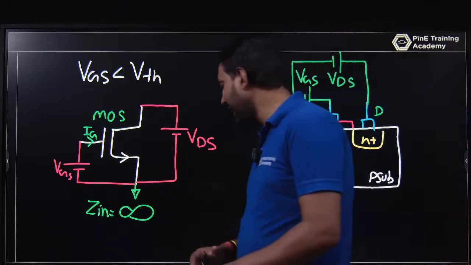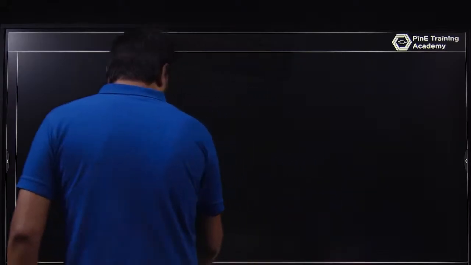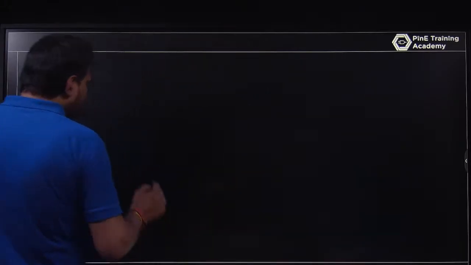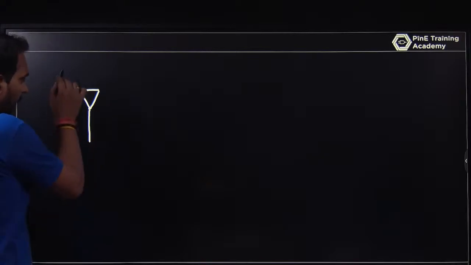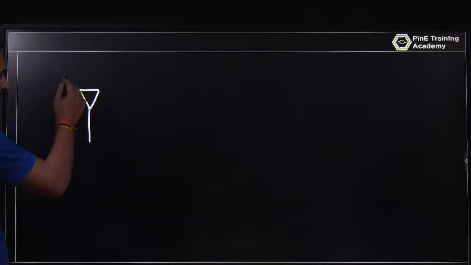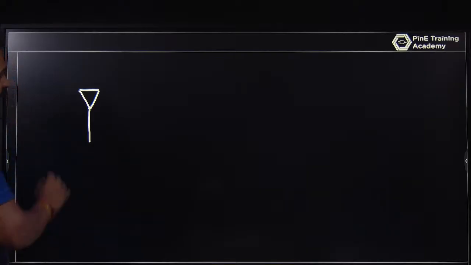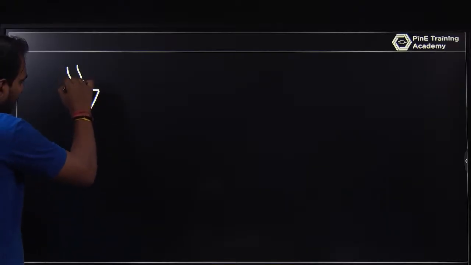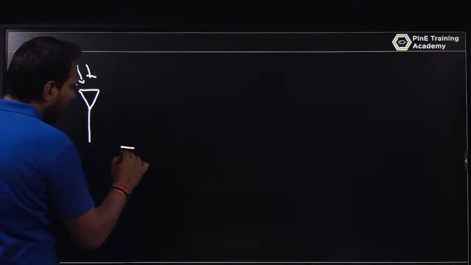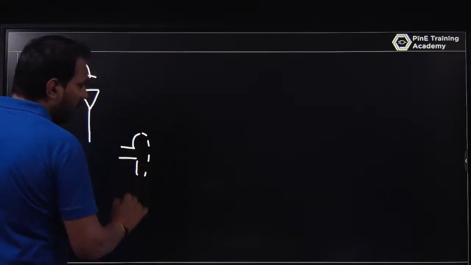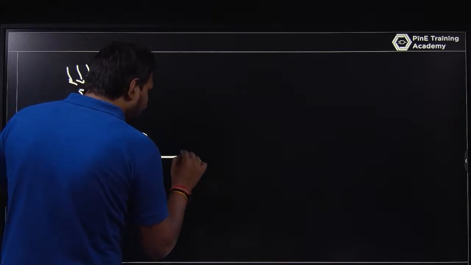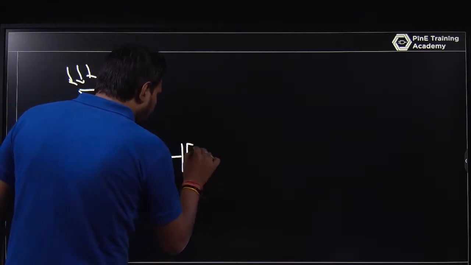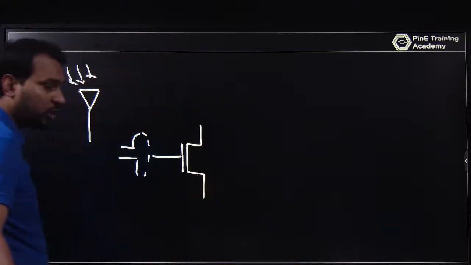Just think of it this way: you have a transmitter and this is a receiver. The receiver is receiving the data, or say we have a voice signal, an audio signal, and this signal is coming in to the MOSFET, to the amplifier.